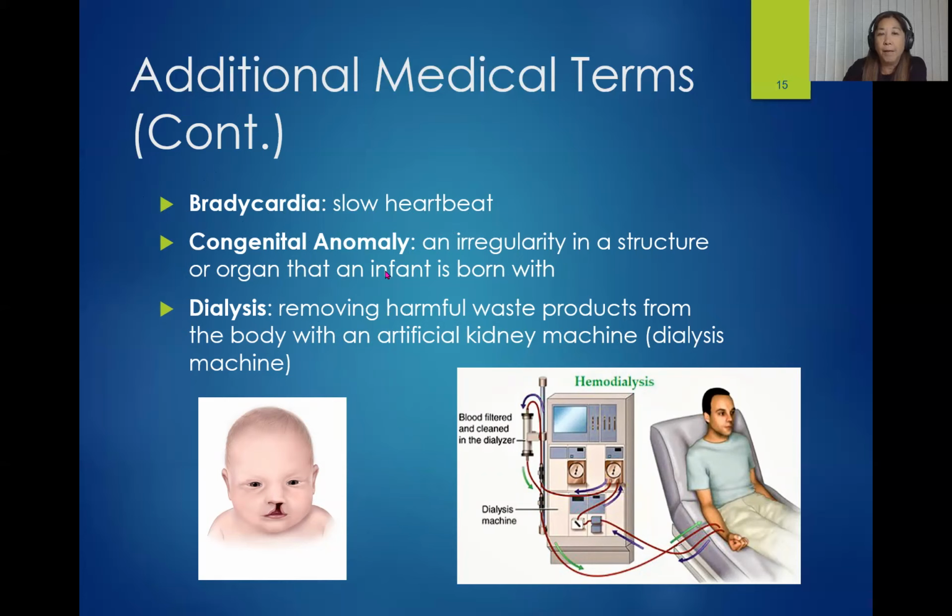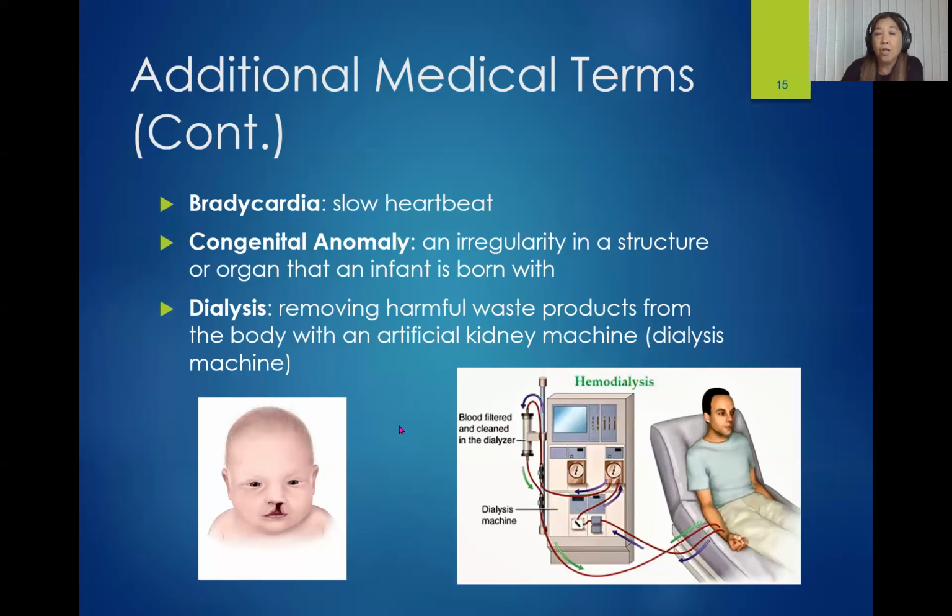Congenital anomaly is another common phrase, and it refers to an irregularity within a structure or organ that an infant is born with. So if you can think of some examples of congenital anomalies, one would be the cleft palate, right? Things like clubfoot, certain heart defects, spina bifida, where their spinal cord doesn't develop properly, even Down syndrome, right?